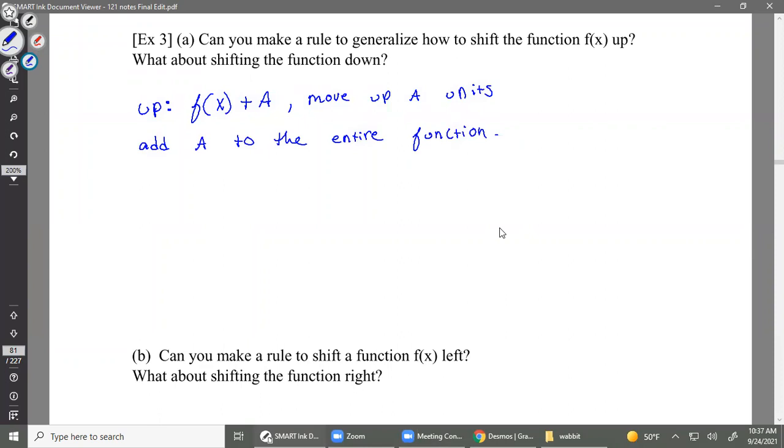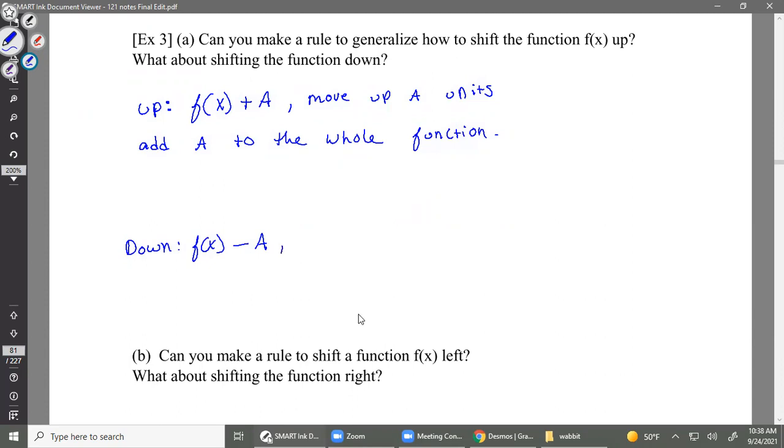So a more general statement. If I want to move it down, I take my entire function, my whole function, and I subtract a from it. We're assuming a is a positive number right now.